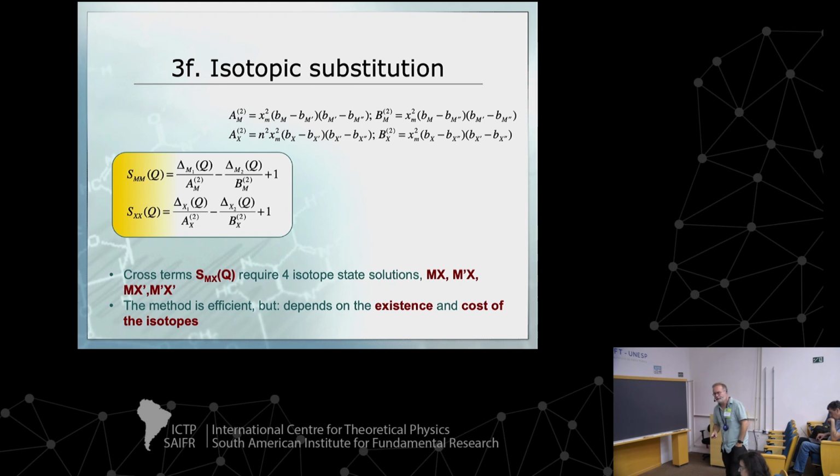But you have to have money enough to buy 6 different isotopes, which is not always possible. 4 to get the cross term, and so the method is really efficient, but it's only used in very, very special cases. But that's the way you have to handle things.